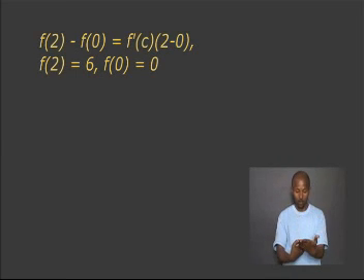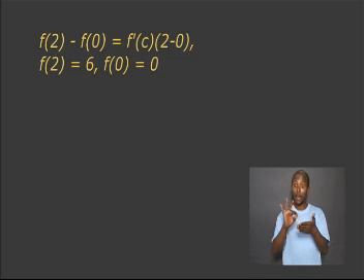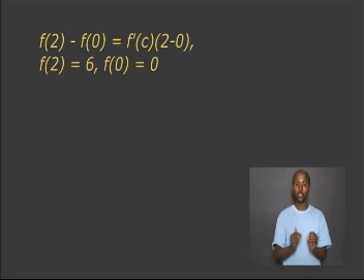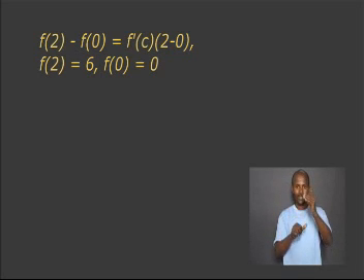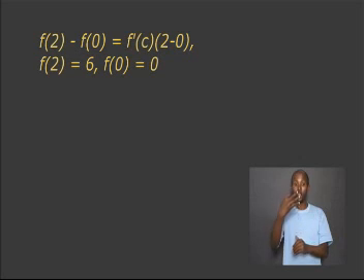Therefore, by the mean value theorem, there is a number c in the open interval (0, 2) such that f(2) minus f(0) equals f'(c) times (2 minus 0), where f(2) equals 6 and f(0) equals 0.